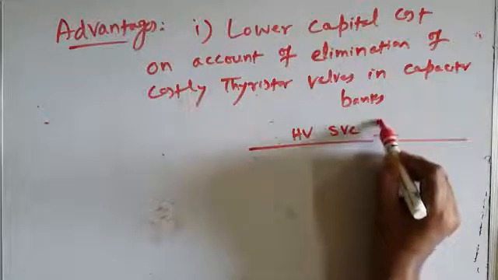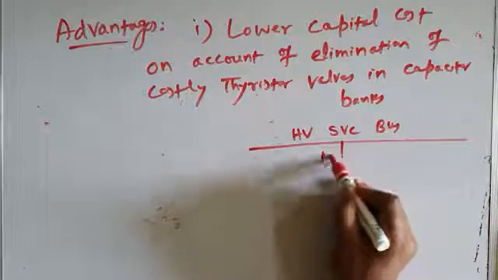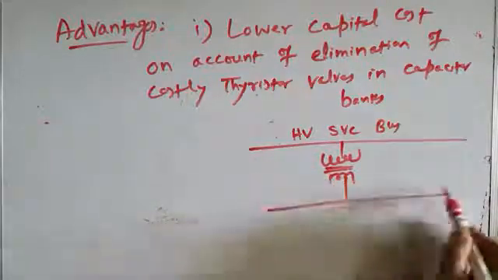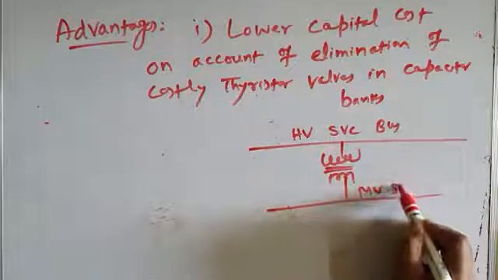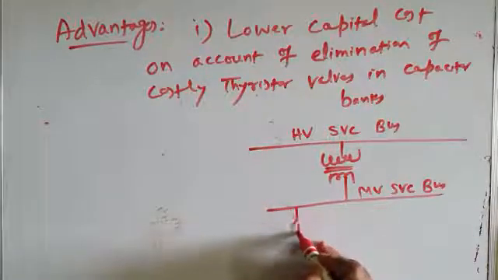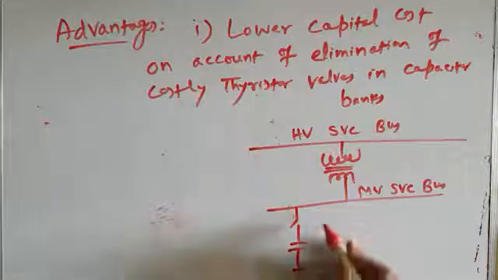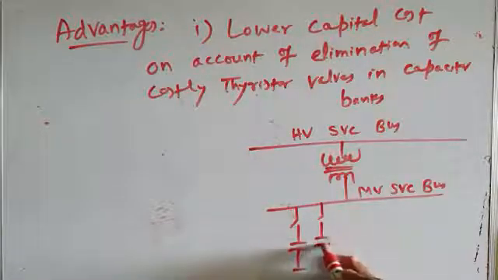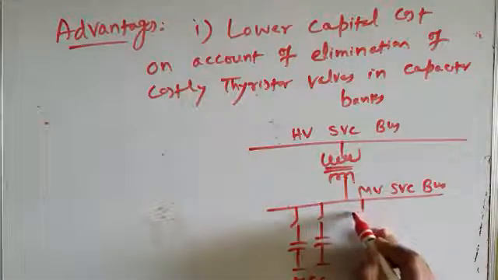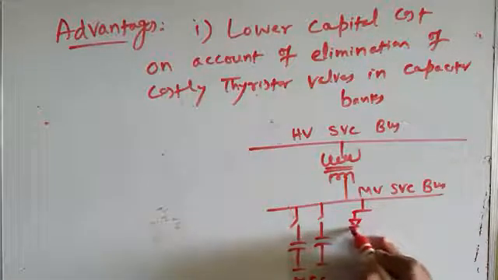High voltage SVC bus, then we have a step down transformer like this, and we have the medium voltage SVC bus, and these are mechanically switched capacitors like this. These are MSCs, and we have the thyristor controlled reactor, TCR.